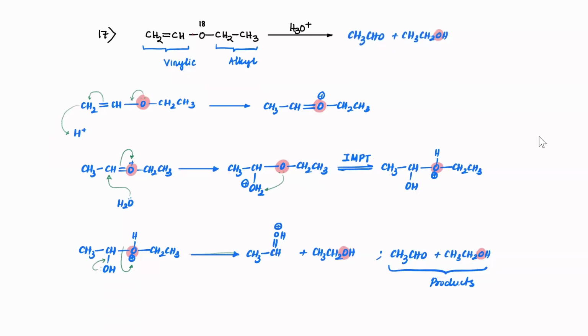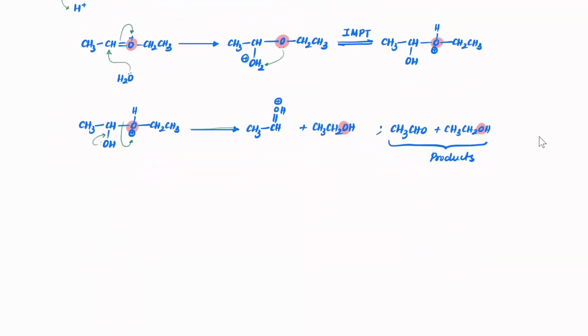Correct? Now, what is the shortcut here? See, the shortcut is where you have CH2 double bond CHO and we have CH2 CH3. Suppose this is how the bond is, then what you do, you always break on the vinylic position, everyone, and always give OH on the left hand side and H on the right hand side while breaking.